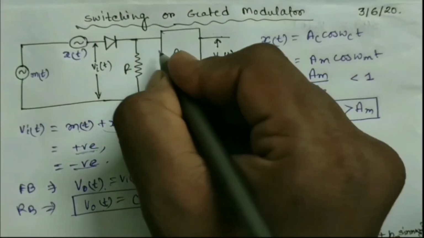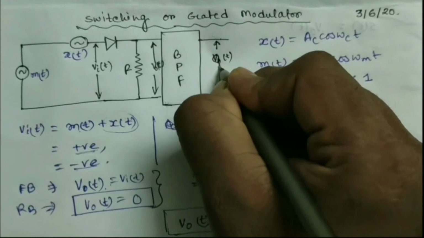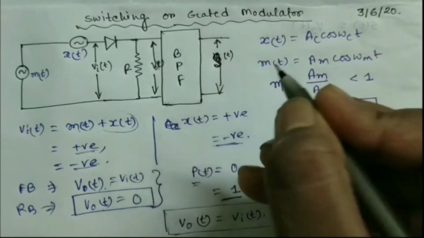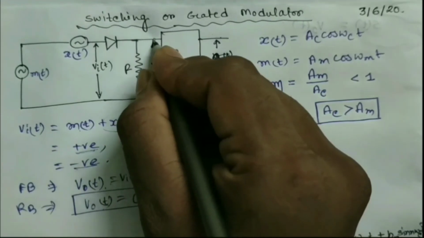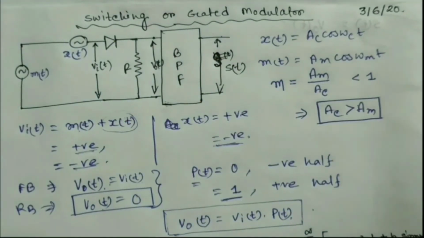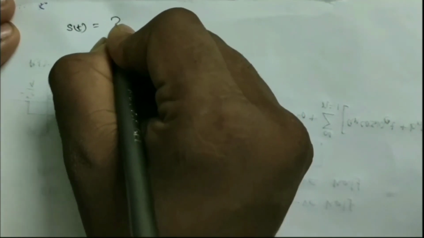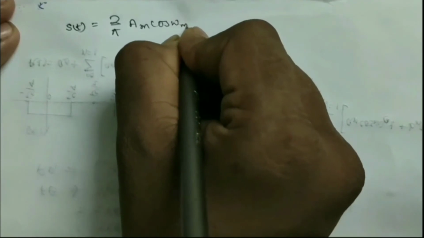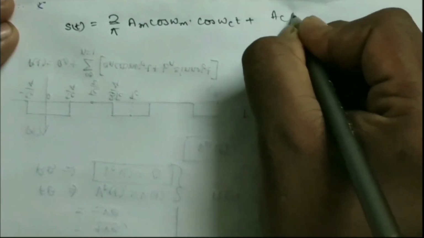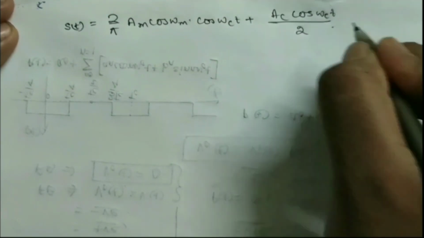In this diagram, this is Vo(t) and this is s(t), the modulated signal. This is Vo(t) at this point. So the output s(t) will be 2 by pi Am cos omega m t into cos omega c t plus Ac cos omega c t upon 2.